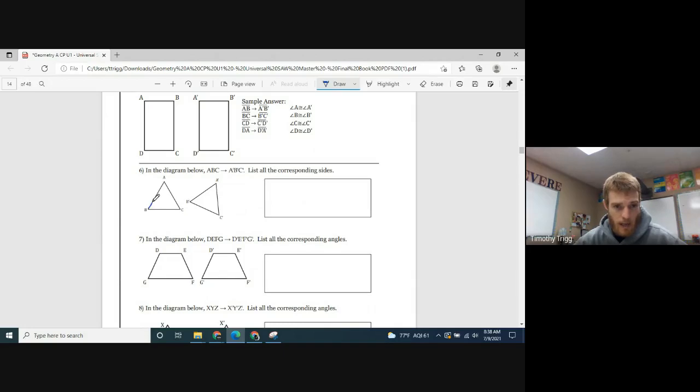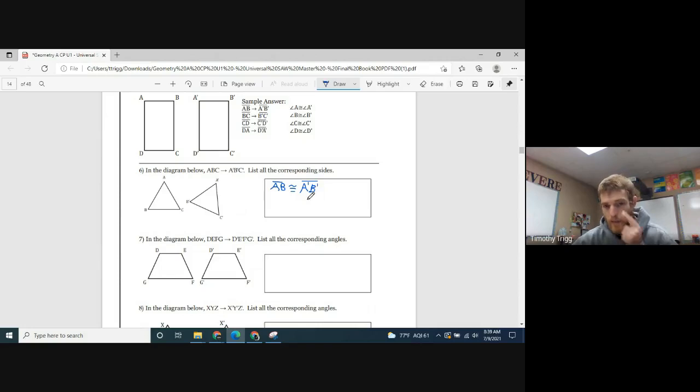The sides are what connect two vertices, or two corners, of the triangle. So we want the corresponding sides. In our case, AB from the pre-image, right? This is the pre-image. AB is congruent to A prime, B prime.